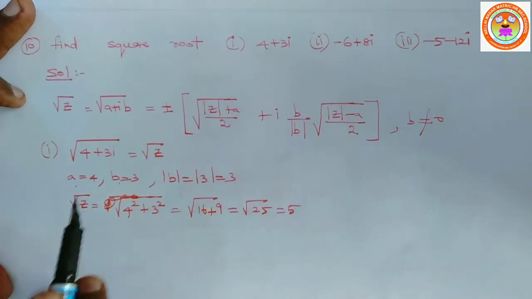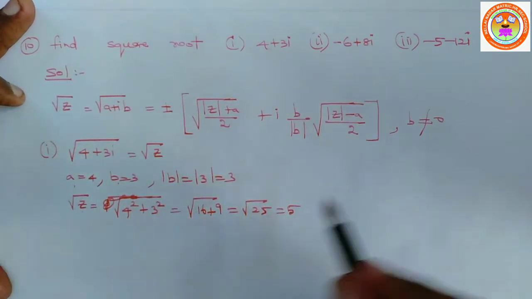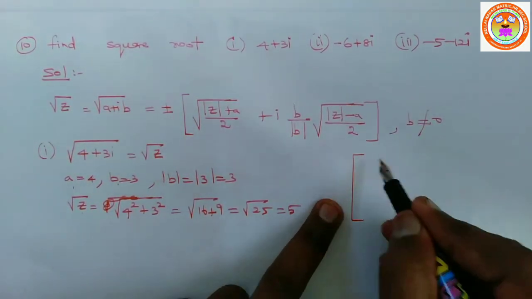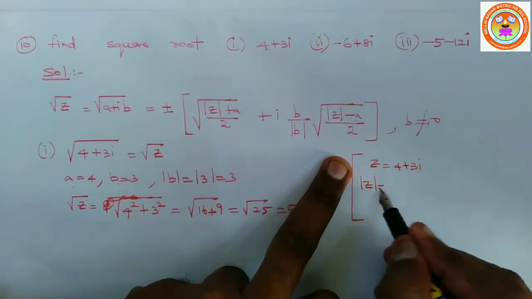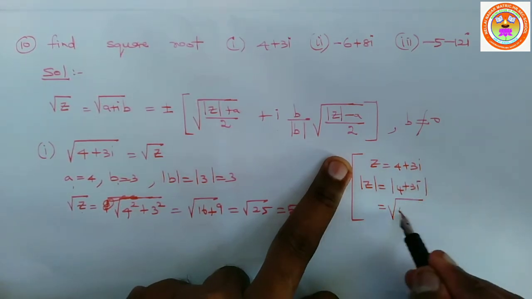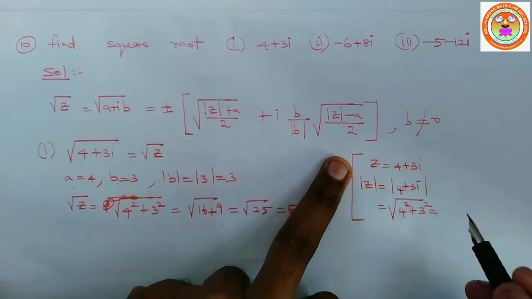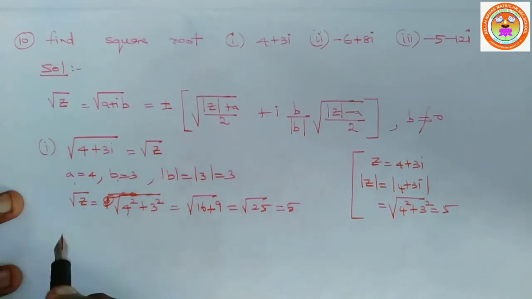Z is nothing but 4 plus 3i. What will be modulus of z? Modulus of z is nothing but modulus of 4 plus 3i, nothing but real square plus imaginary square, which is 5. That only I am putting here. No problem. Now I can apply.